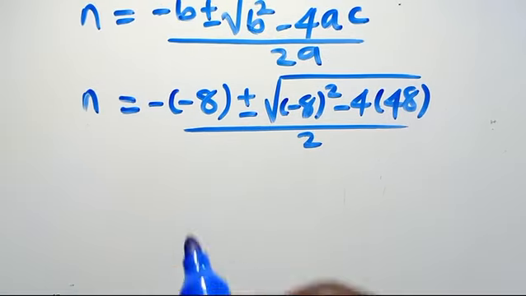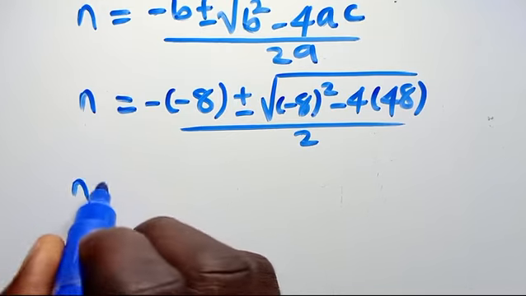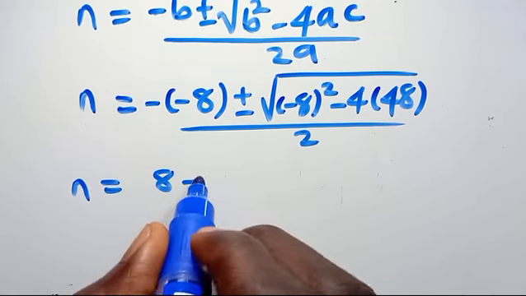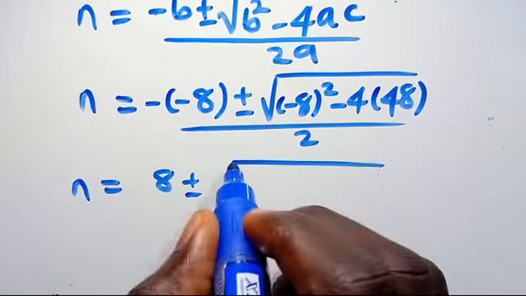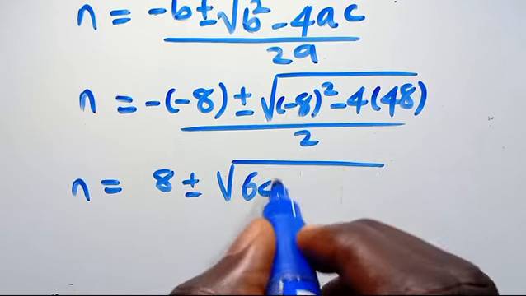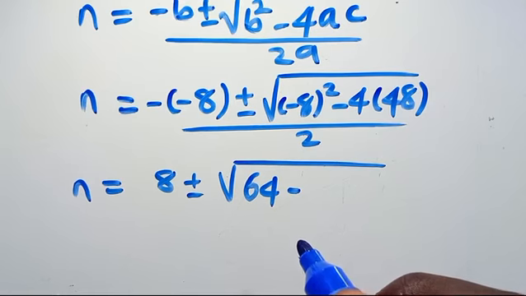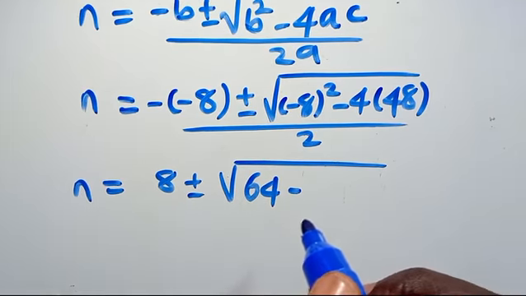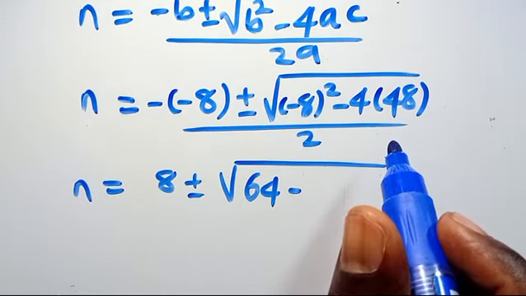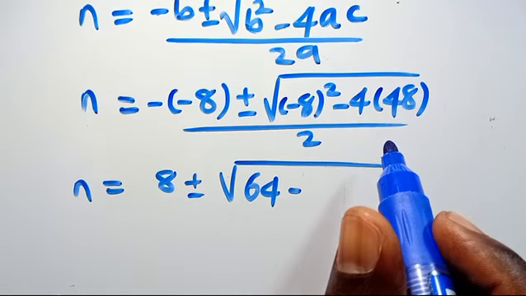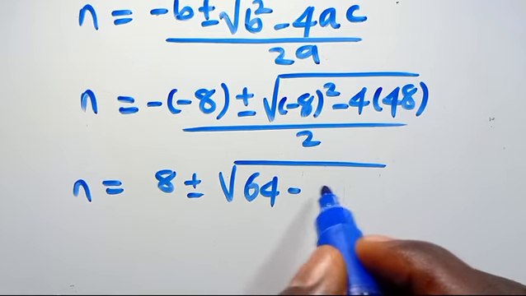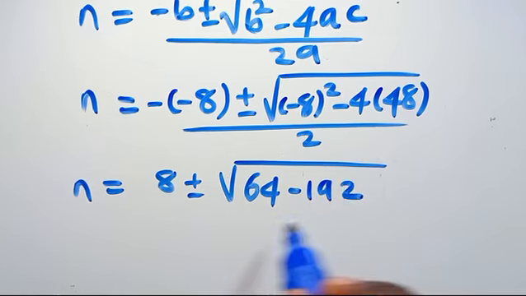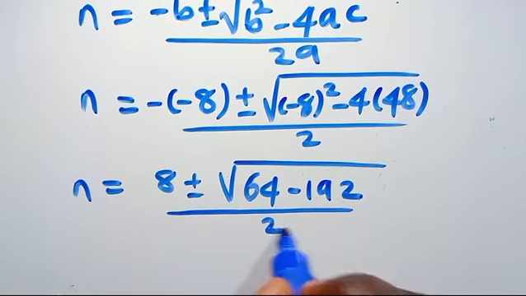So from here we have n equals 8 positive or negative. This here will be 64 minus 48 times 4, we have 192, over 2.